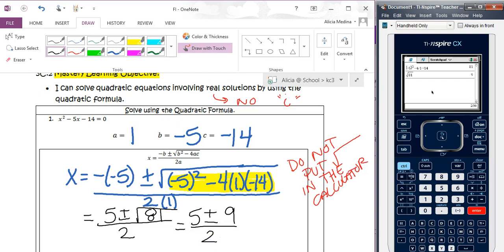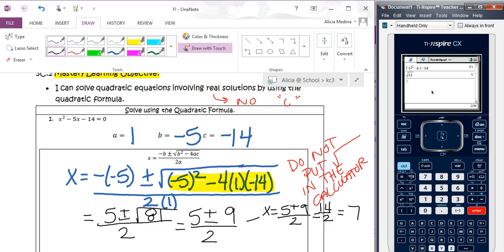We're not done yet because all of those terms are like terms. So one of our solutions is going to be x equals 5 plus 9 over 2. 5 plus 9 is 14 over 2, which is equal to 7.